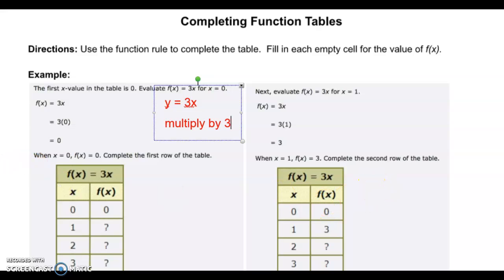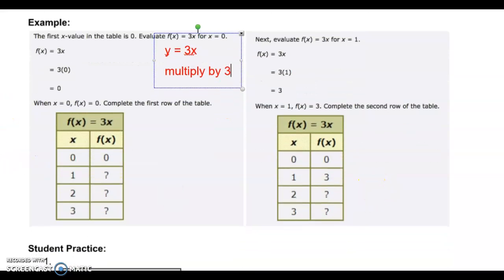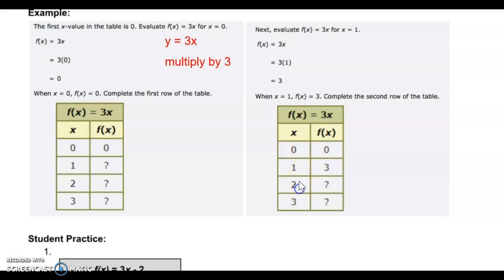So if I wanted to complete the table, I would just be multiplying by 3. So it would be 2 times 3, which would equal 6, and 3 times 3, which would equal 9, and I would have that table filled out. And that's basically what we're doing.